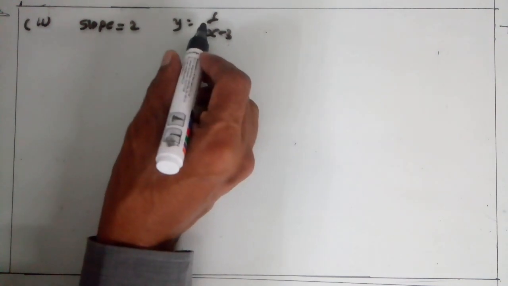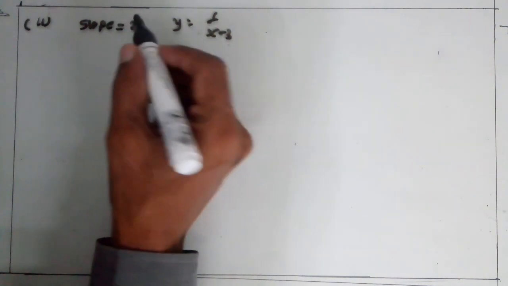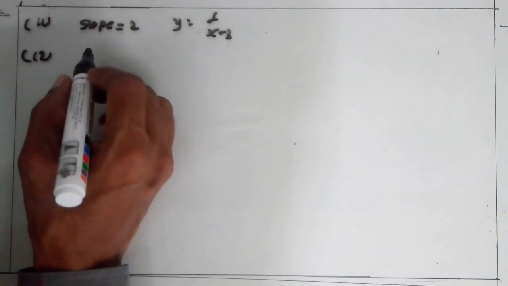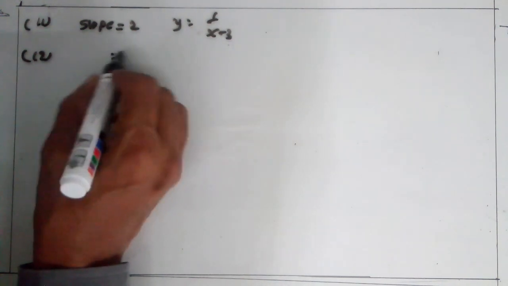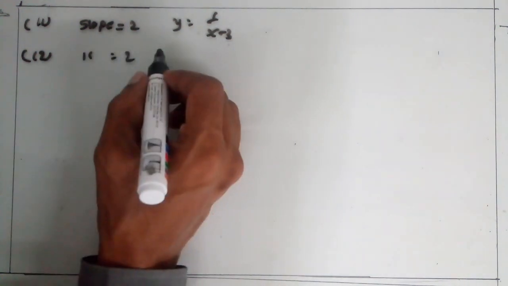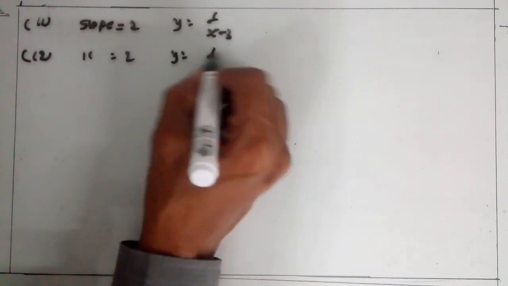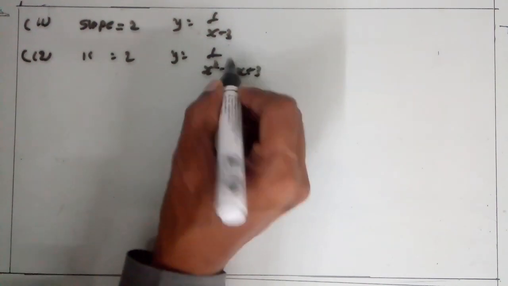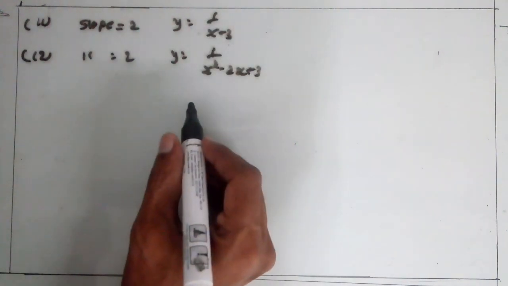Using the value of x in this equation we get a point, and using the point and the slope we get the equation of a tangent. Similarly, question number 10, find the equation of all lines having slope, here slope is given 2, which are tangent to the curve y is equal to 1 upon x square minus 2x plus 3. Same method as we applied in the previous question.